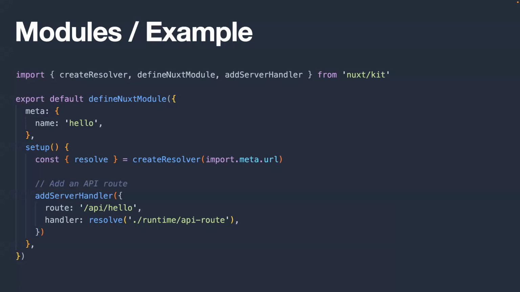So here's an example of a module. A lot of the functionality that you use inside of a module is from something called Nuxt Kit. It's specifically made to make your life easier for modules. So there's a setup function where you can do different things, you can add a server middleware, for example, or a server handler rather, that actually creates a server endpoint just by creating this module.